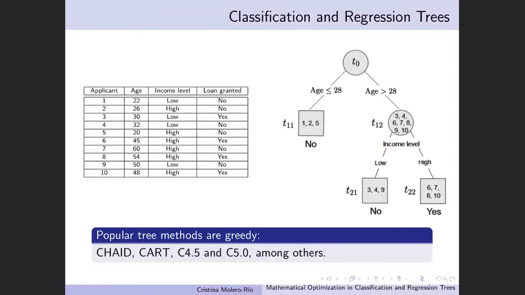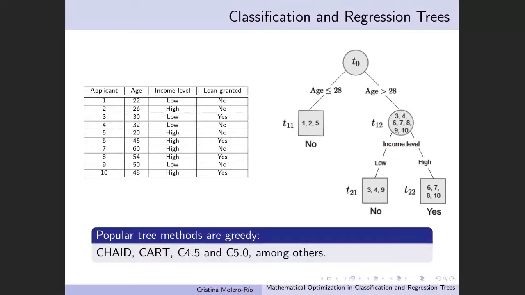Imagine that it is interesting to know the policy that a certain bank takes into account when granting a loan as a function of the age and the income level of their applicant. So on the left side, we have a sample of 10 former applicants, and on the right side we have its corresponding classification tree.